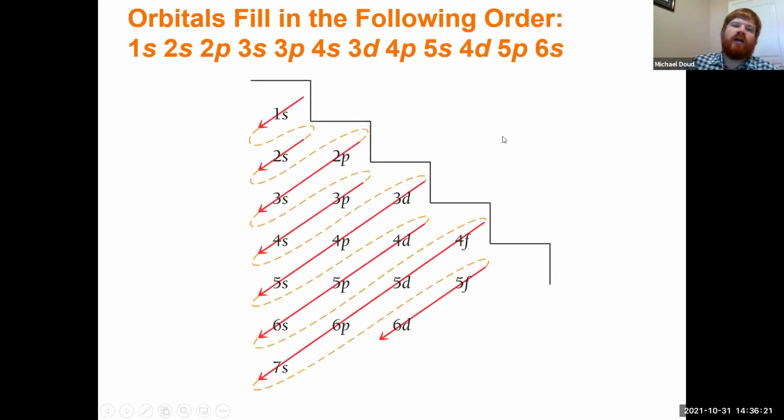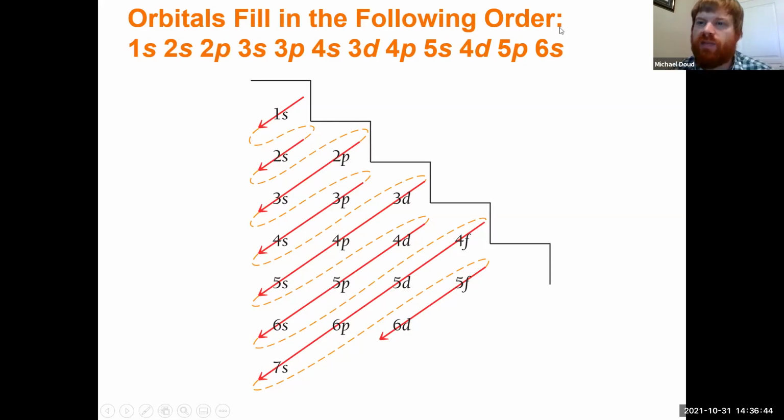Okay, all right. So now here is our way that we're going to be able to actually predict the order of electrons filling. Now, there's two ways that you can do this. You can either just remember it's 1s, 2s, 2p, 3s, 3p, 4s, 3d, 4p, 5s, 4d, 5p, 6s. And that's enough.